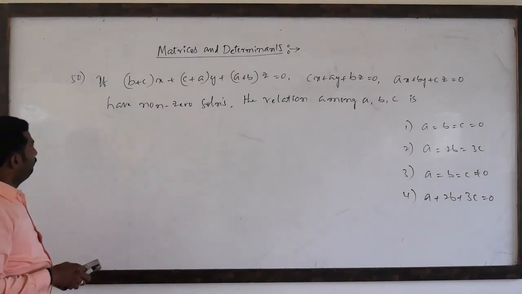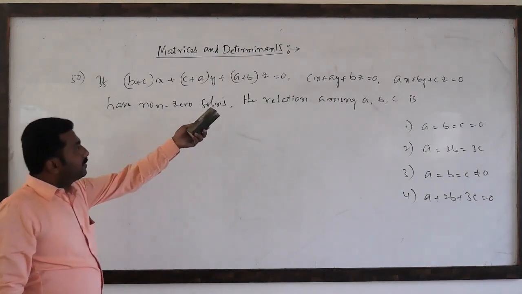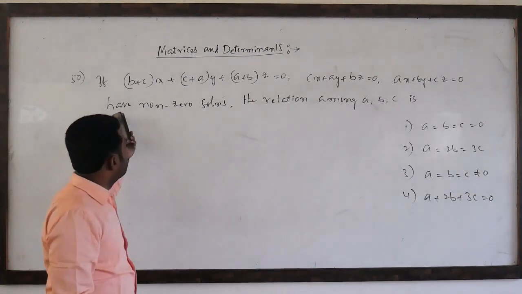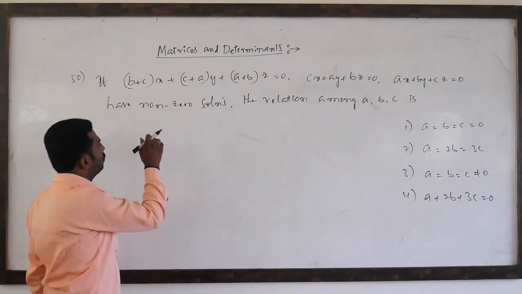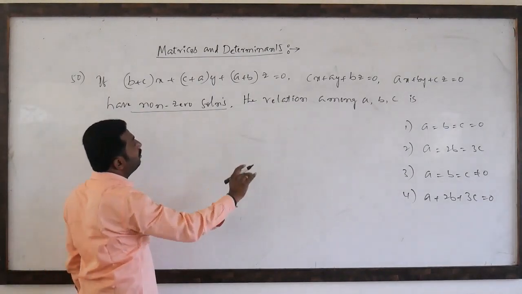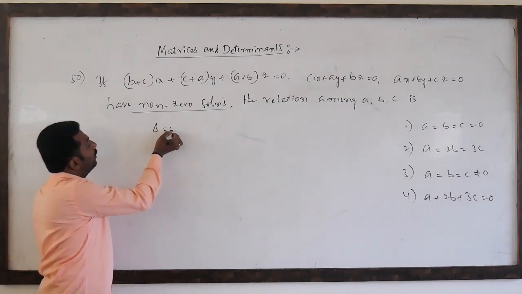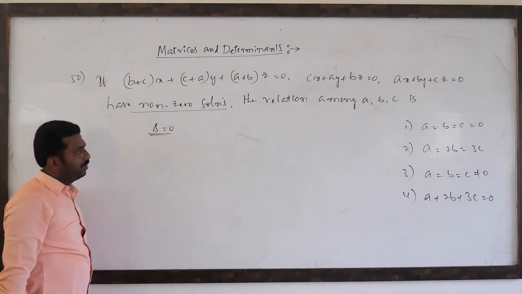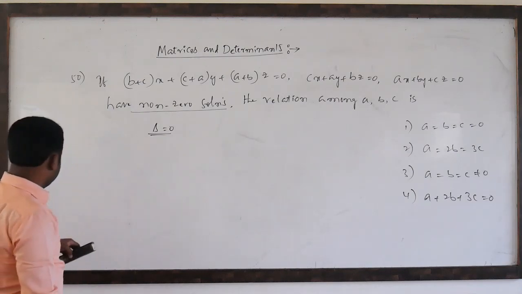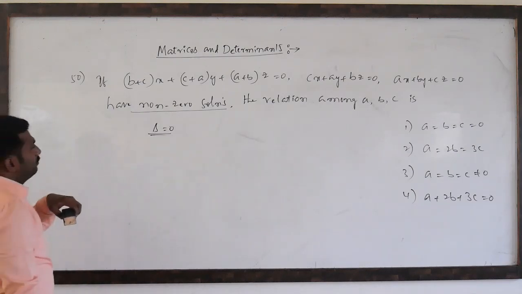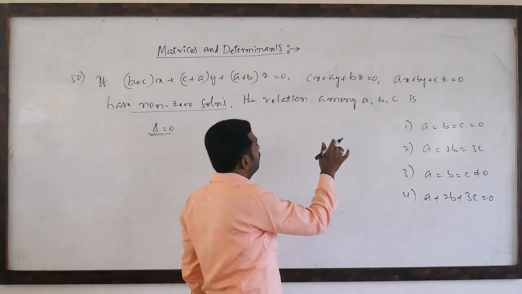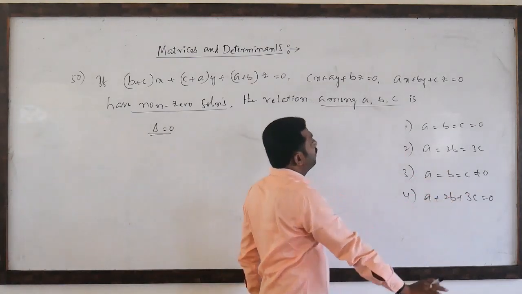Next question. If this system of three equations has a non-zero solution, which is nothing but a non-trivial solution, then delta must be equal to 0. They are asking for the relation among the values a, b, c.